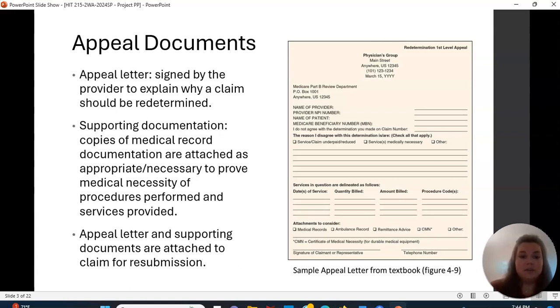So these are the two main supporting documents that are attached to a claim for resubmission. I've provided an example to the right here. This is from our textbook. It's figure 4.9. And you can see how this is a sample appeal letter.